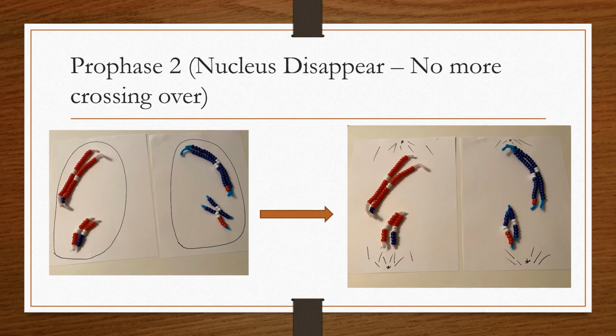Each of the two cells now goes through meiosis 2 at the same time. In prophase 2, the nucleus disappears again and makes fibers again, but this time there is no more crossing over, because the homologous chromosomes have separated, so we cannot cross over anymore. So this is prophase 2.